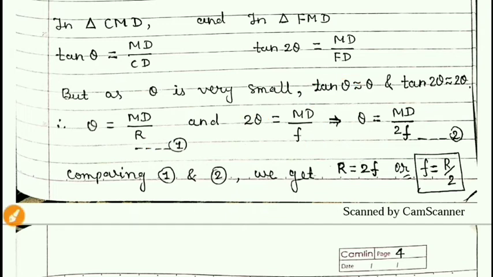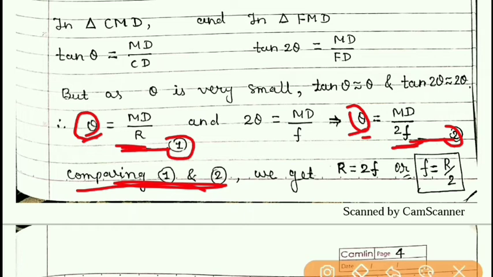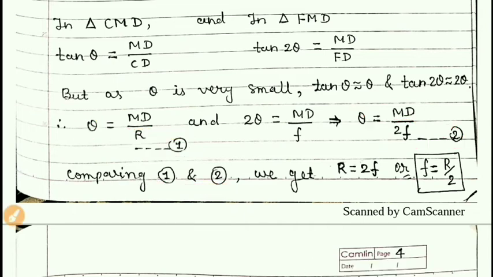Now you can easily compare this equation number 1 as well as equation number 2. Both are theta equal to. Here also it is theta equal to. So comparing both these equations, we get r is equal to 2f. Once again students, look here.